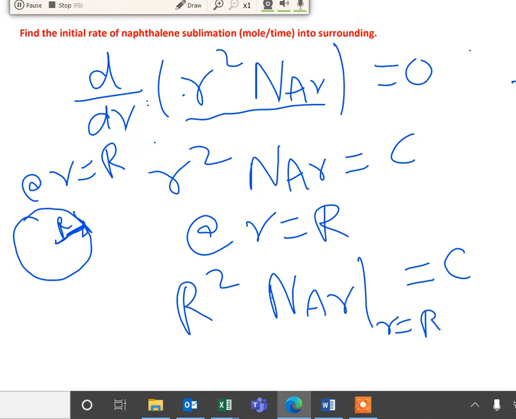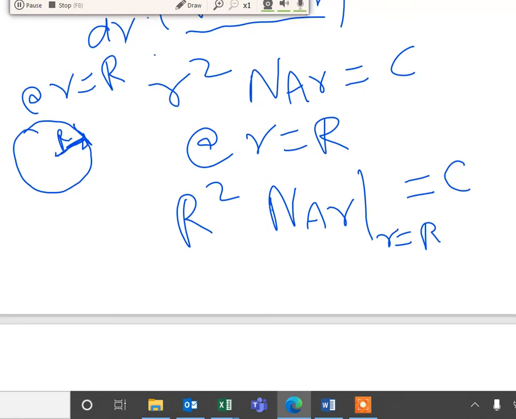So now if we just multiply this by 4 pi, and this also we can multiply by 4 pi. So this term is area times flux.